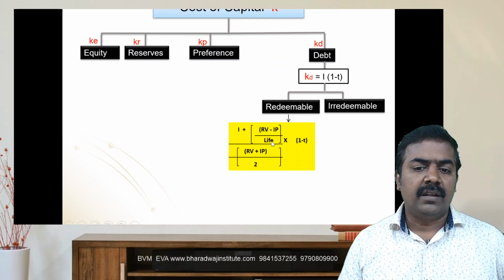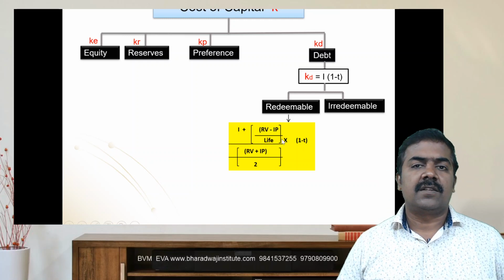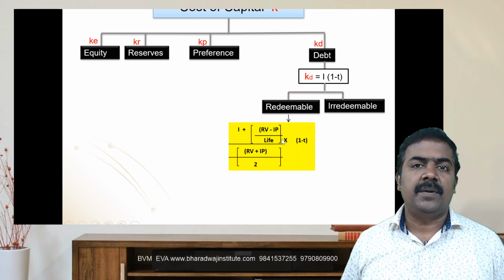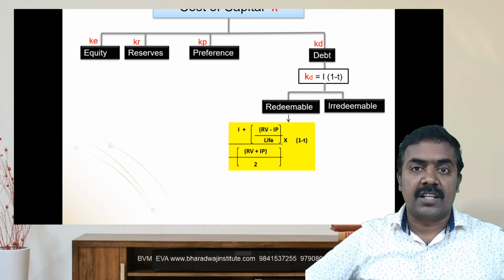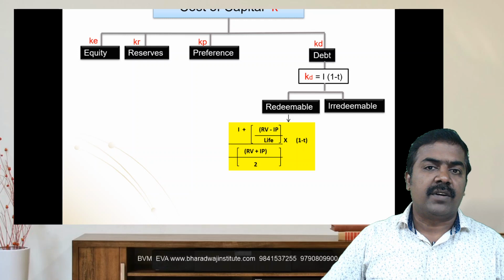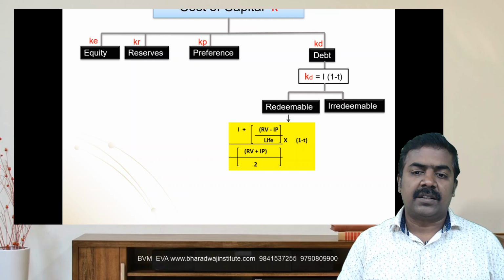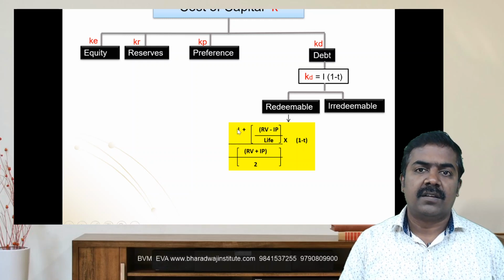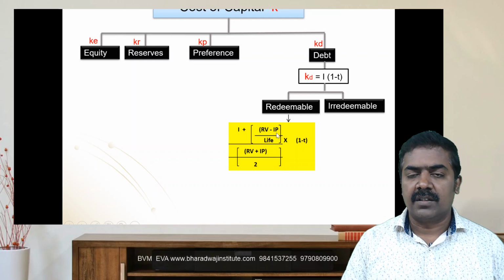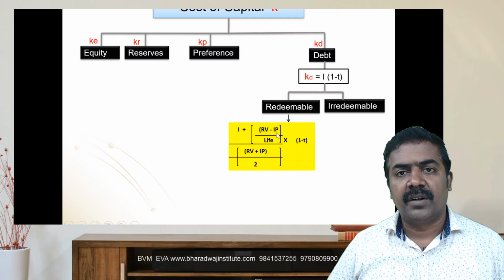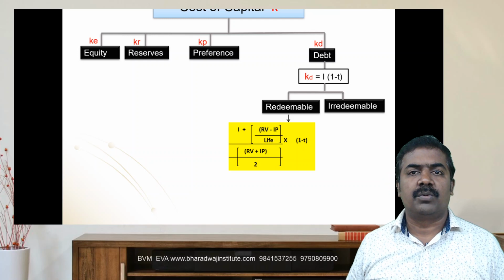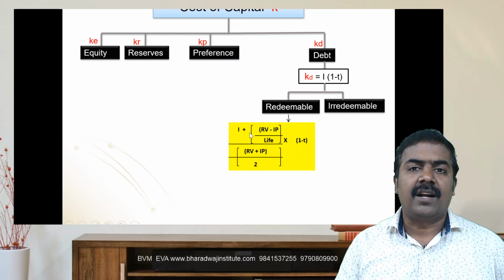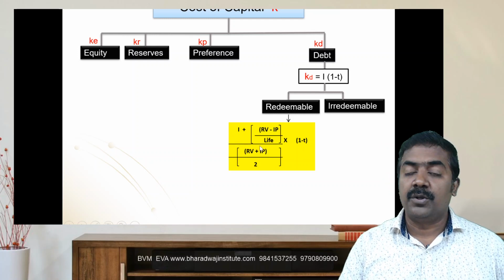But according to me, both interest as well as the issue expenses can be amortized or can be claimed as an expense for tax purpose. So, I give tax benefit for both. But some authors give tax benefit only for interest. I give tax benefit for both, because you can write off share issue expenses, underwriting commission, brokerage and all. So, both direct cost and indirect cost as a tax benefit, you can do this.